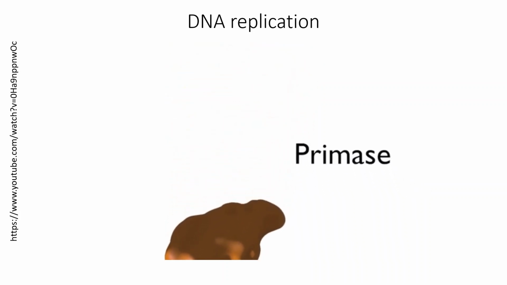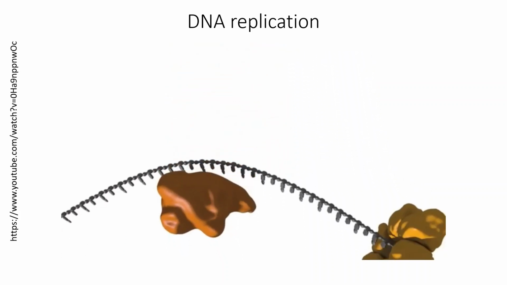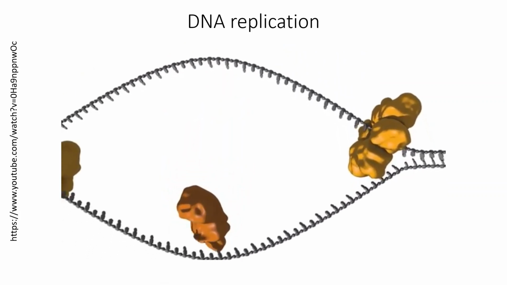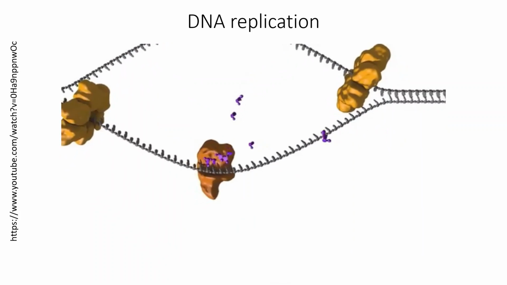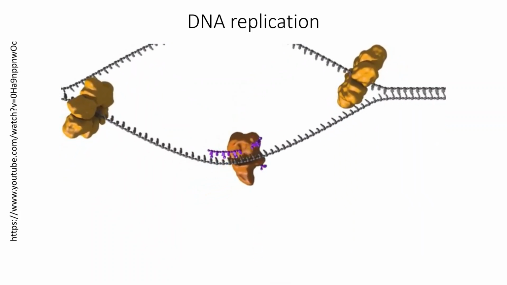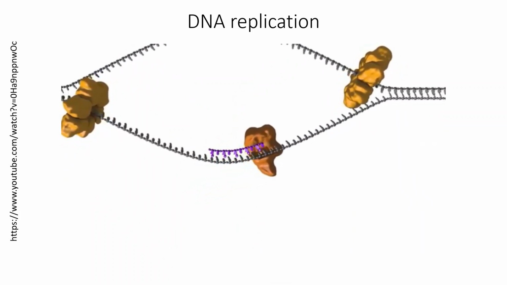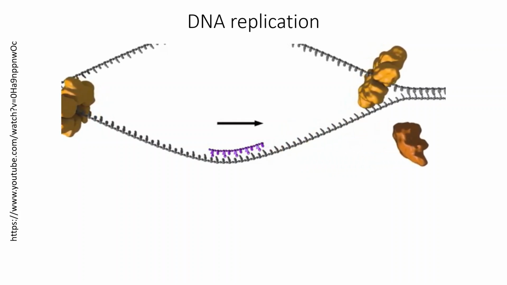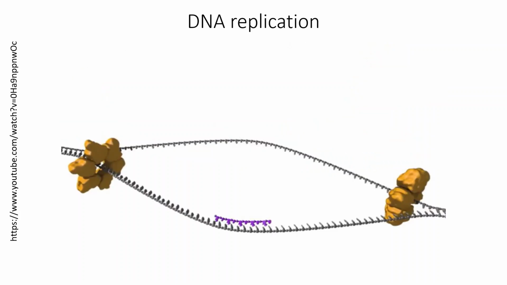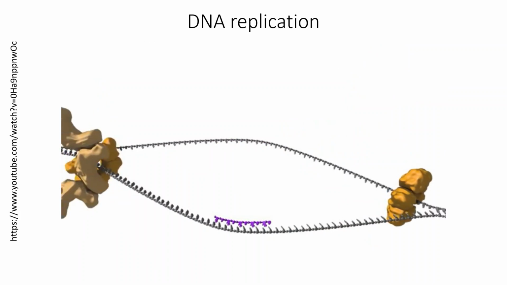Once access to the single strands of the DNA has been obtained, the primase is loaded onto the DNA. The primase synthesizes a small stretch of RNA by copying the sequence of nucleotides on the template strand. A DNA polymerase will later elongate this small RNA stretch. The next steps allow loading of the DNA polymerases onto the DNA to copy the entire chromosome.